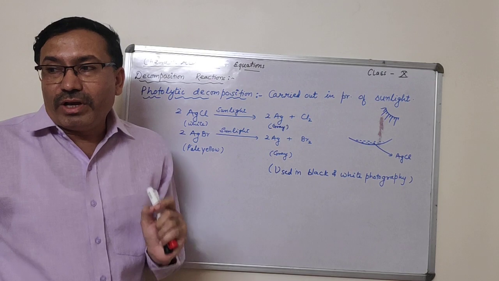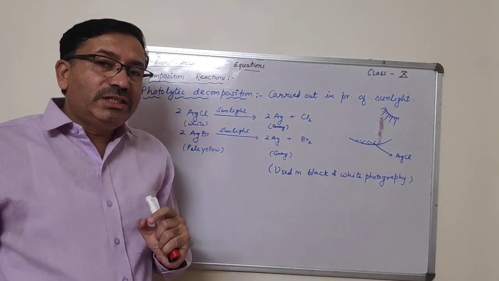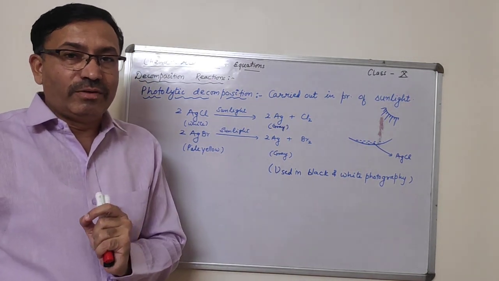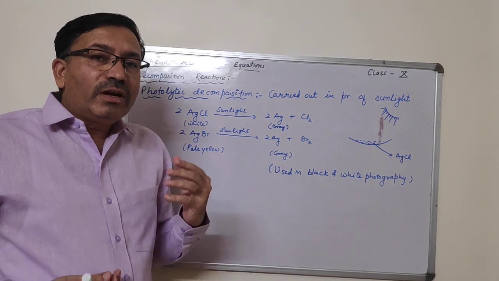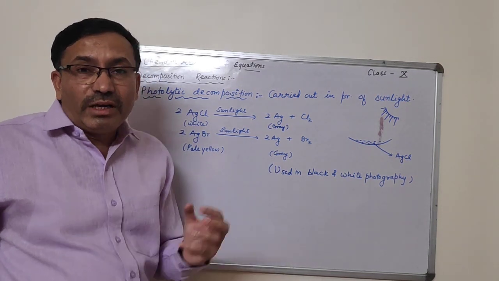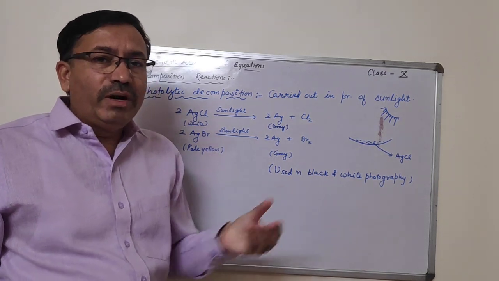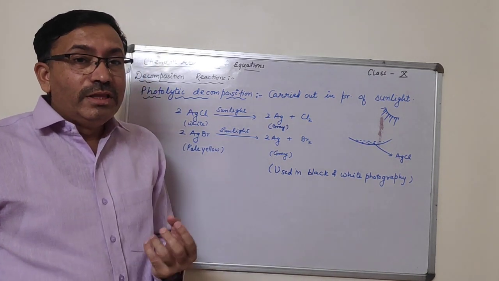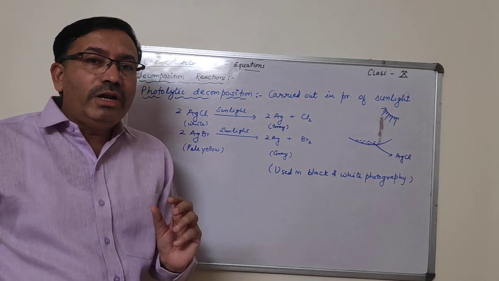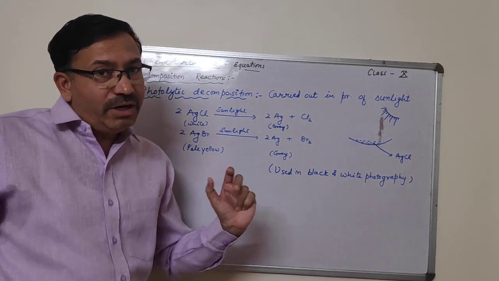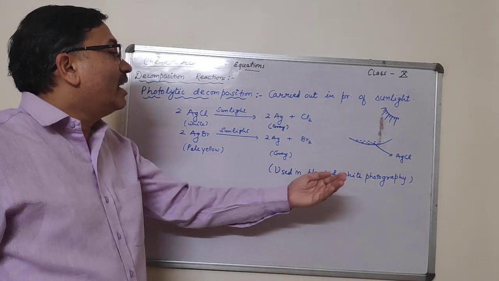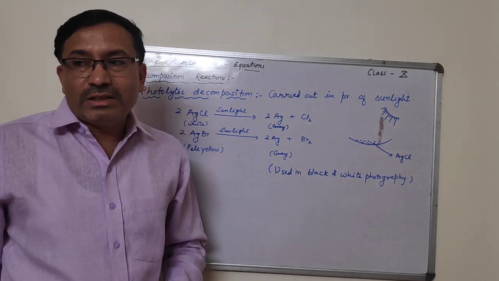Whenever I am talking about silver salts, these silver salts are photosensitive. So you observe that whatever silver compounds we use in the laboratory, say silver nitrate, a very commonly used compound, they are always stored in dark colored glass bottles and kept in the dark. Why? So that sunlight cannot affect that particular substance.